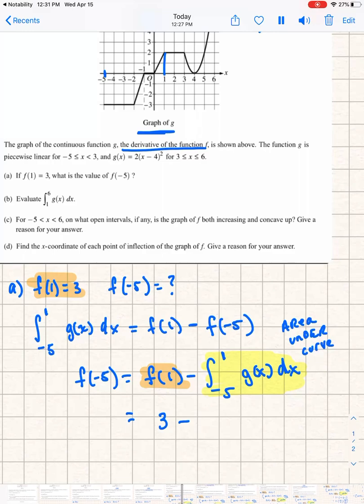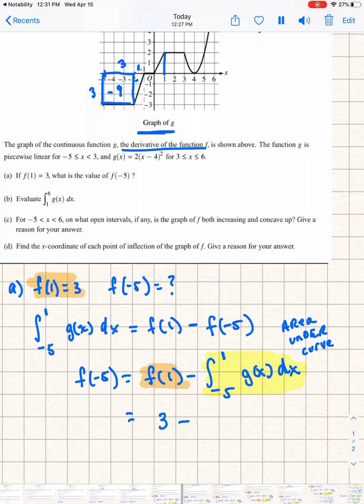So we could do a couple things here. Let's split it up. We have this rectangle, which is 3 by 3. So we get a 9, but remember it's below the x-axis, so that's negative. We also have this little triangle that's 1 by 3, so that's -1/3. Okay, and then we have this other triangle here, which is 1 by 2. Ooh, I messed that up.